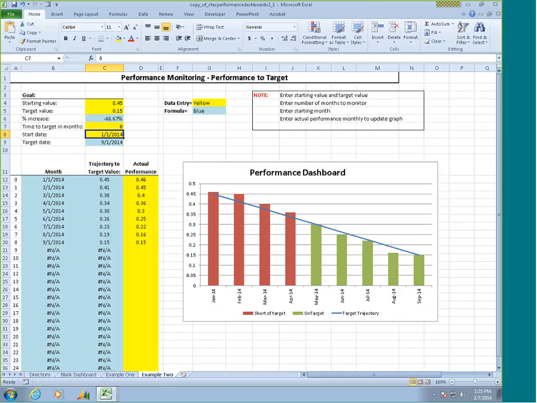We're going to start that on January 1st, 2014. You load that in. It builds a graph. You put your data in, and it'll show you where you are against your target. You missed your target in through here, and then you hit May, and you started making your target, and at the end of the day, you made your target, and this allows you to watch that.